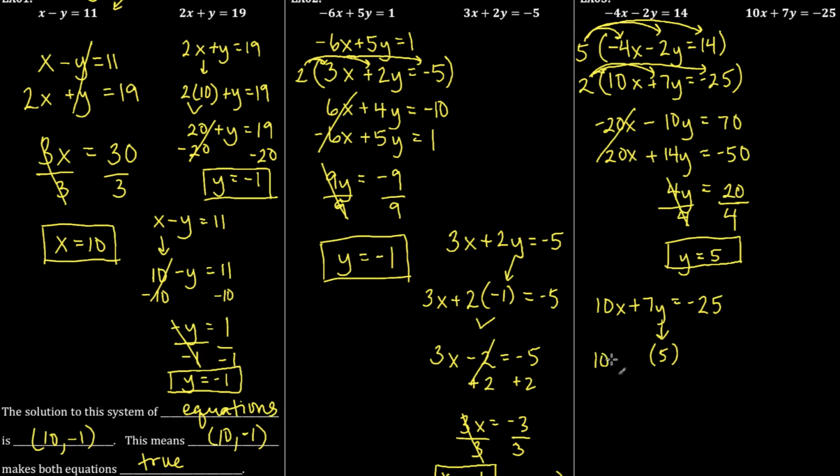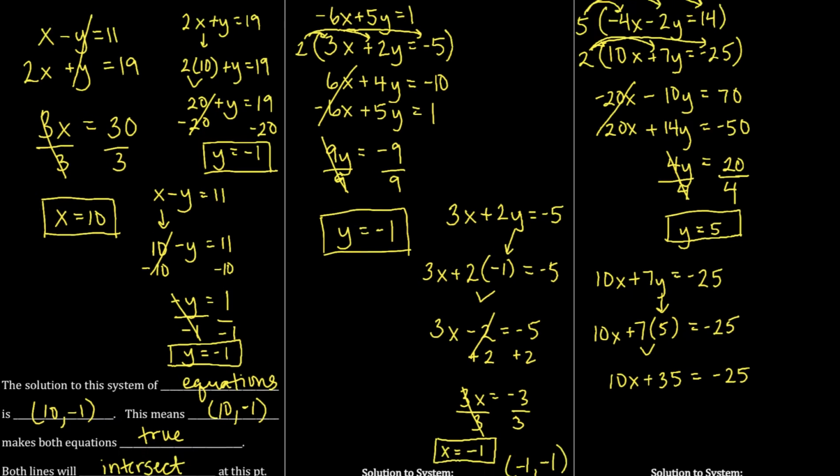So we get 10x plus 7 times 5 equals negative 25. And a positive times a positive is a positive, so I get 10x plus 35 equals negative 25.